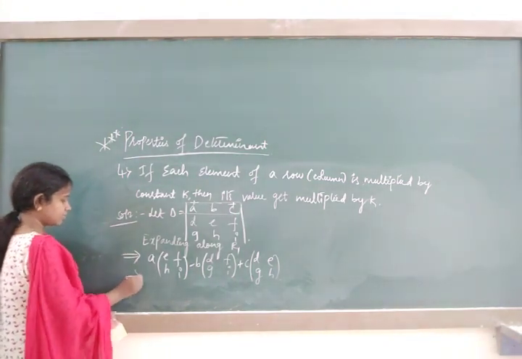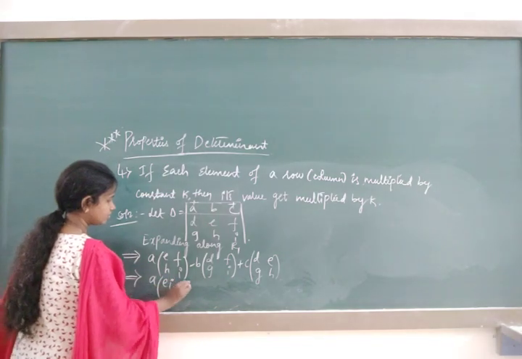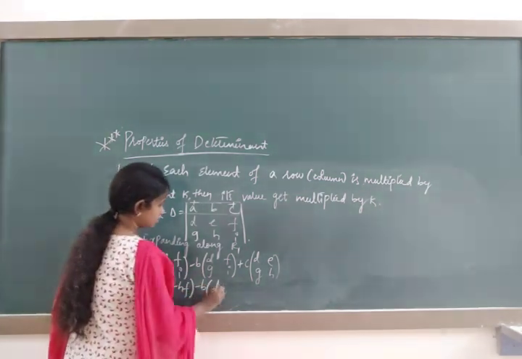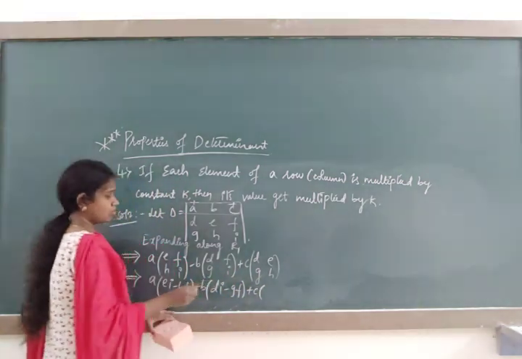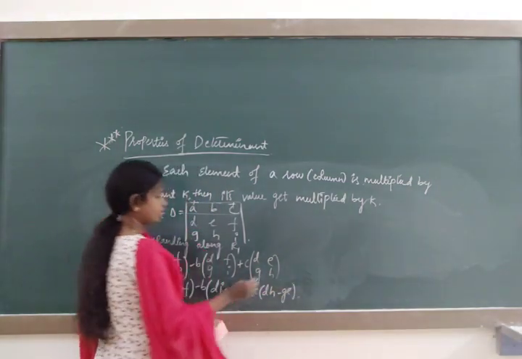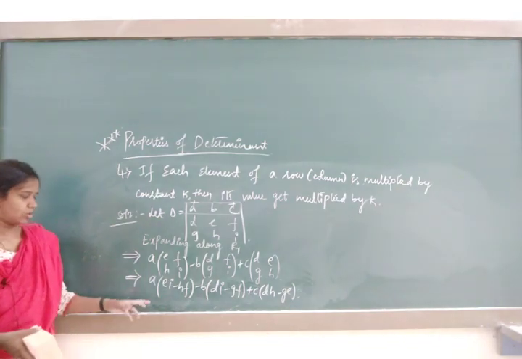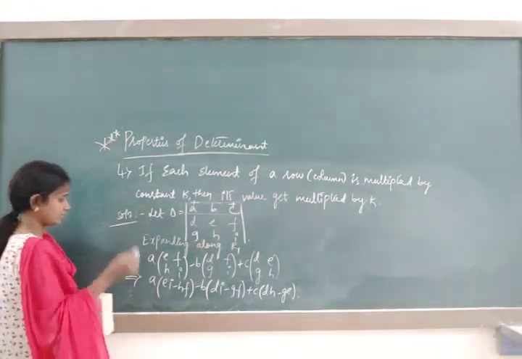Now expand the determinant. A of EI minus HF, minus B of DI minus GF, plus C of DH minus GE. Now take the A value inside.